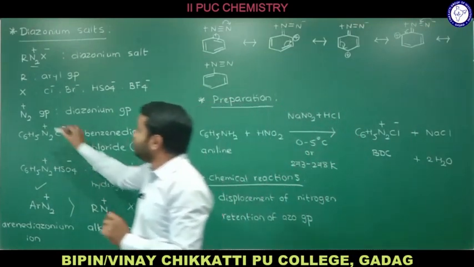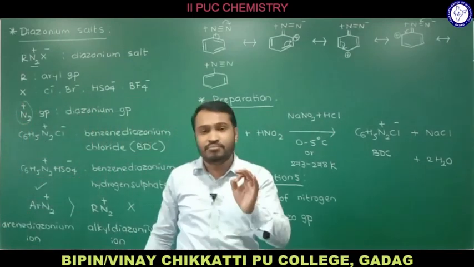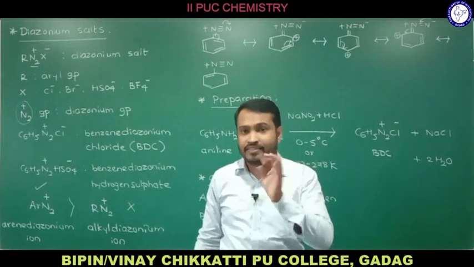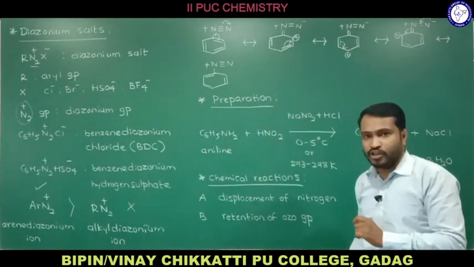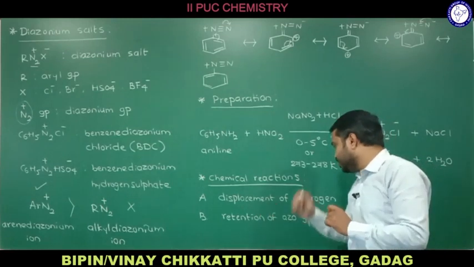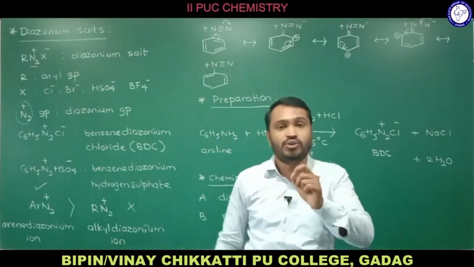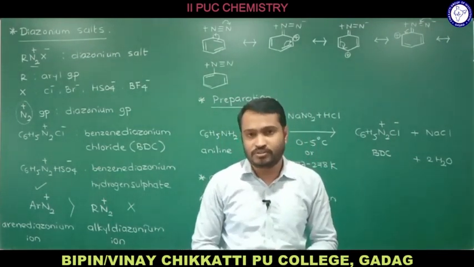So this particular group is the Azo group, and it will remain as it is in some chemical reactions. That nitrogen is not going to be displaced, and that we call coupling reactions or retention of Azo group. So first let me move with the displacement of nitrogen, and later I am going to talk about the retention of Azo group, so that we can write the reactions of diazonium salts.